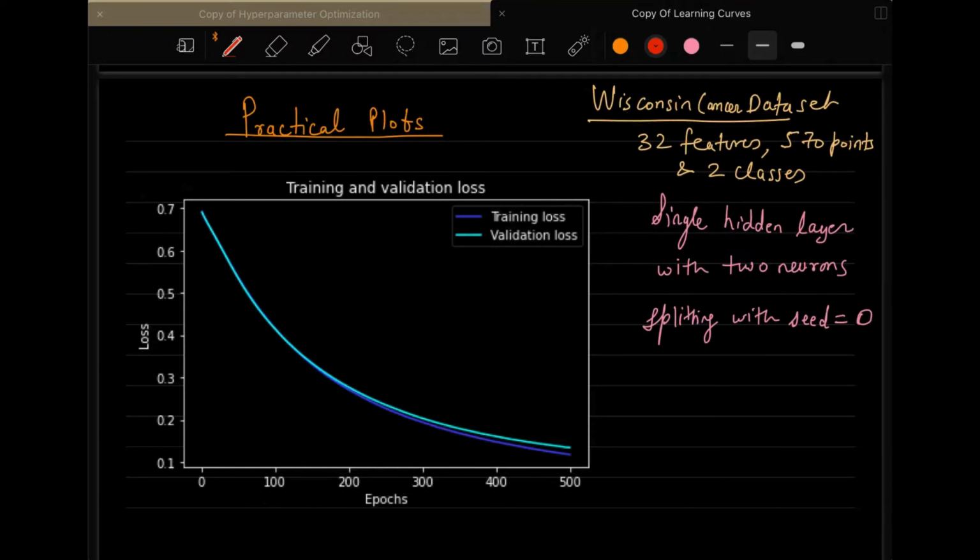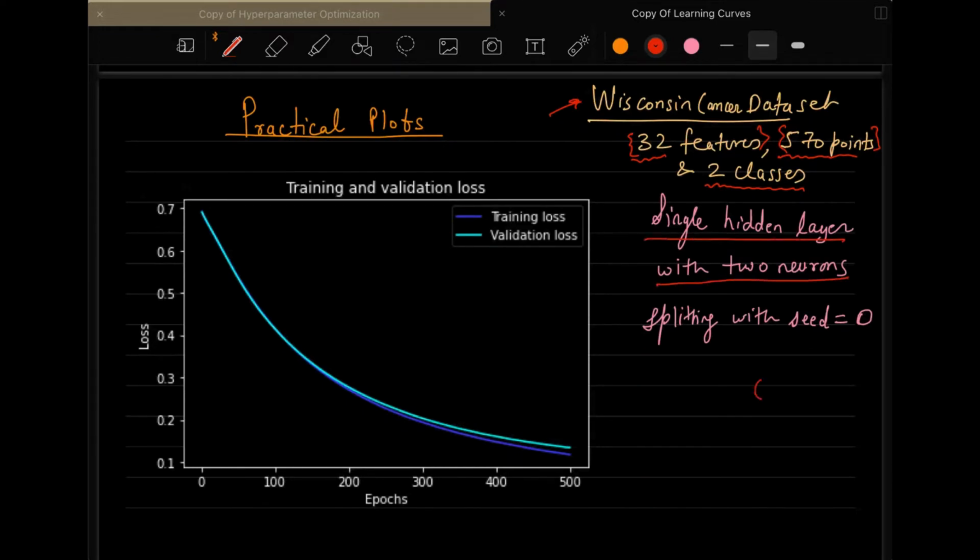So here I was taking the Wisconsin cancer data set, which has two classes, malignant and benign cancers, and it has 32 features and 570 data points. So you have a matrix whose dimension is 32 cross 570. What I am doing right now is using only a single hidden layer with two neurons.